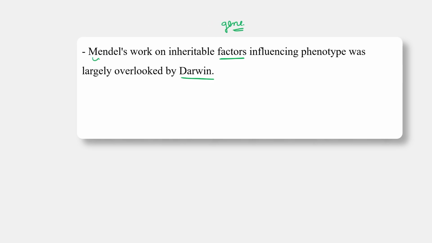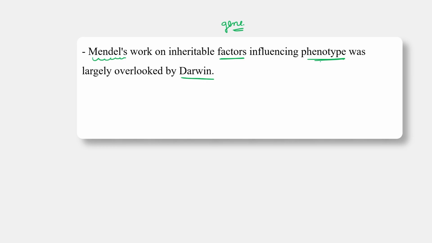So Mendel actually worked on the pea plant. He was a botanist. Mendel worked on the inheritable factor, and he said that there were some kind of factors which actually influence the phenotype of the plant.